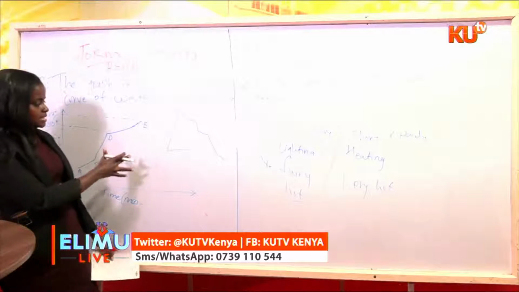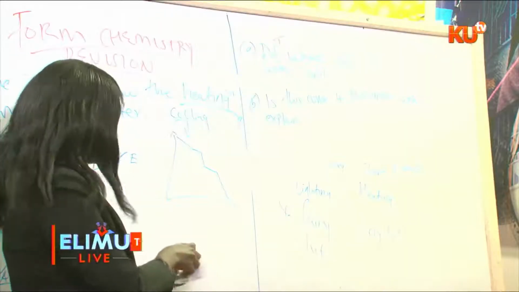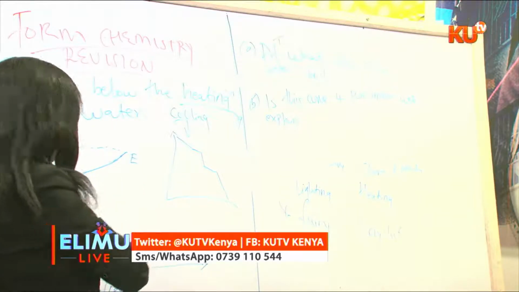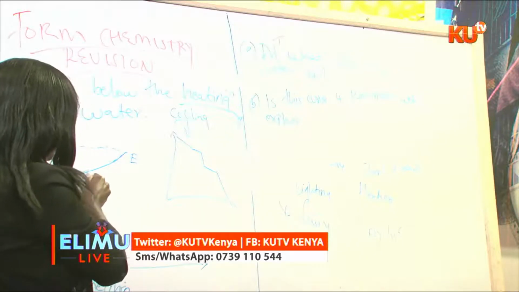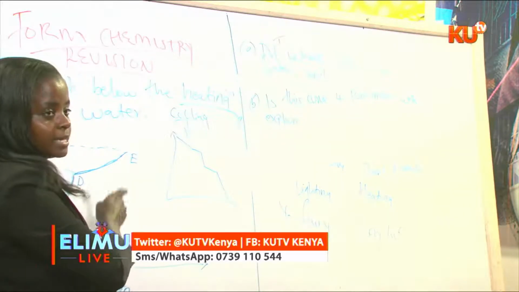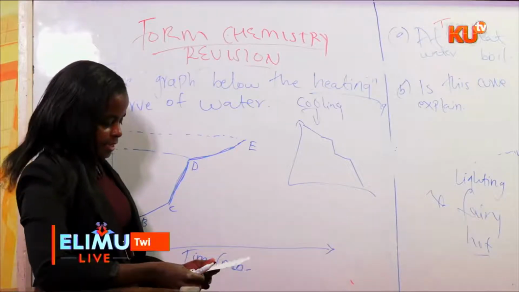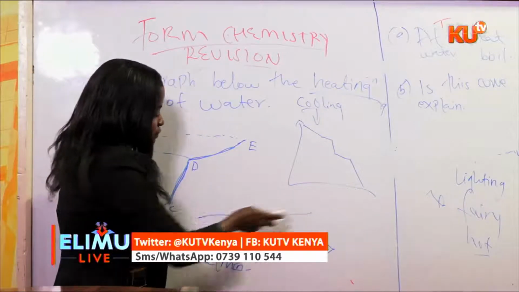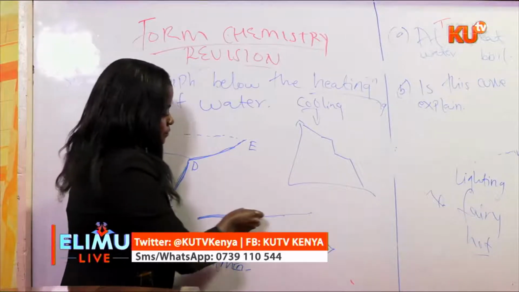In order to understand if this curve is a pure or an impure curve, you will look at how the curve flows. Now you see at this end, there is an inclination. So this is an impure water curve, because at this curve there is an inclination, and it doesn't have this horizontal. If it's pure, the curve will go like this, just when it started to boil, it went like this.